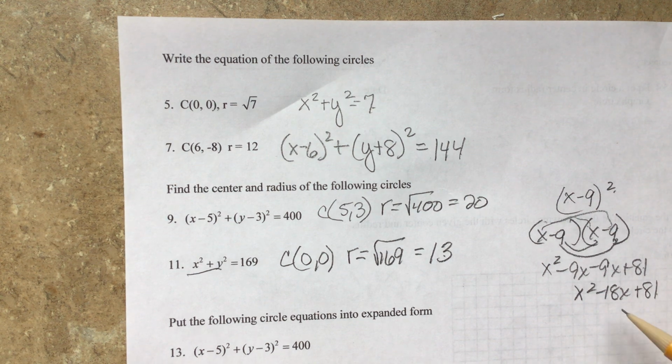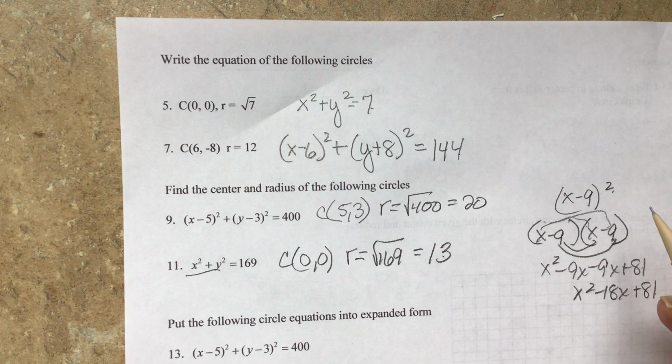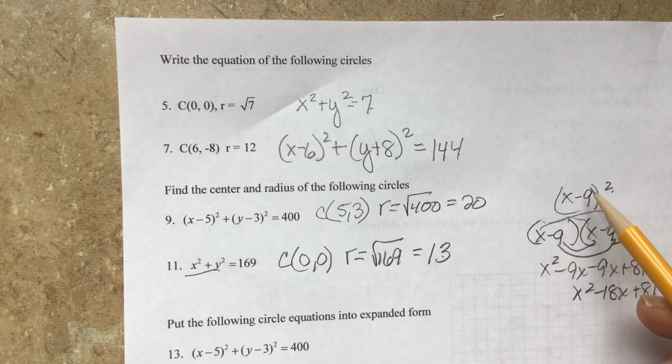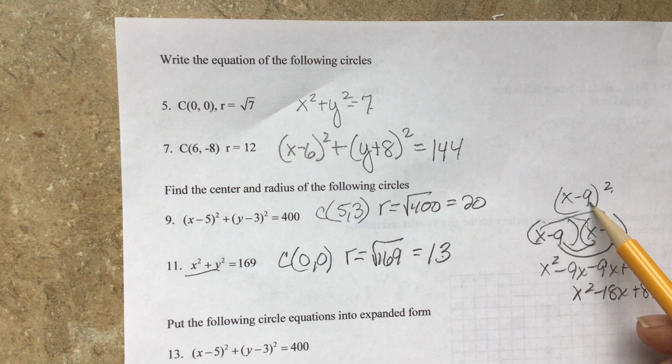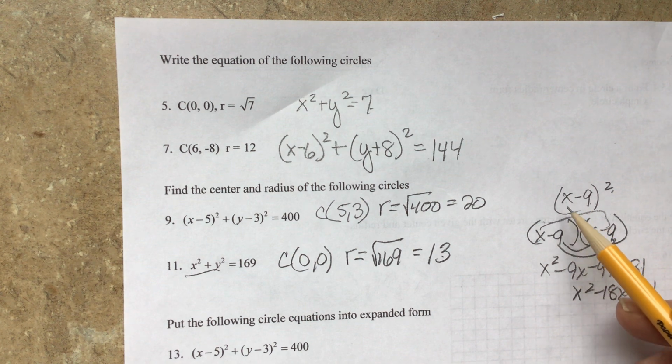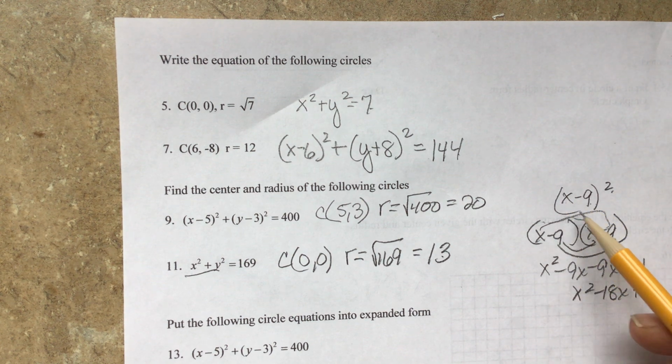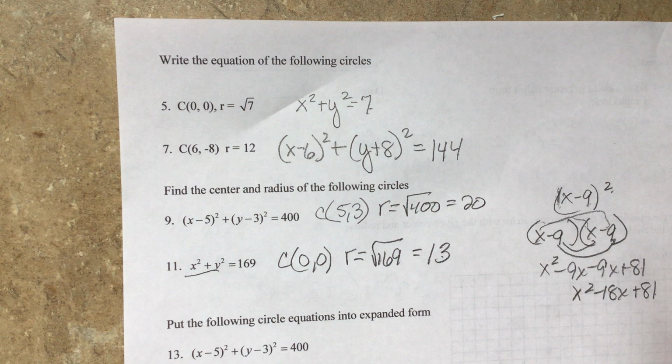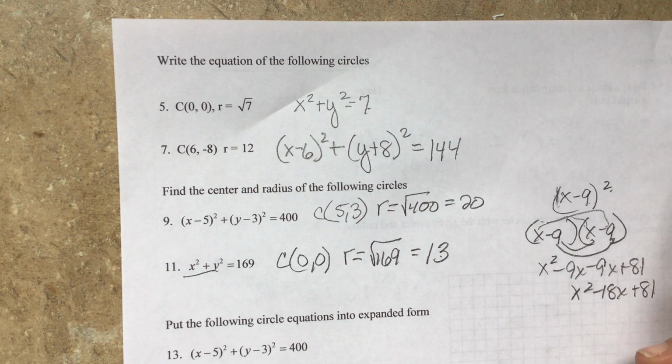Now the pattern here is great to know because then you won't make the mistake anymore. If you have a binomial squared, we're just going to do it for leading coefficient equal to 1, which means there's a 1 right here, the beginning coefficient.